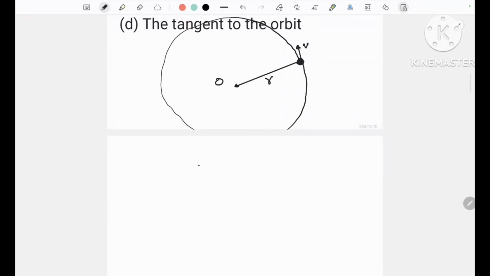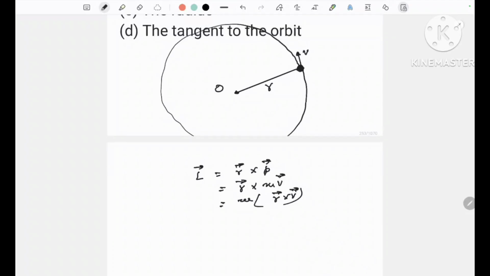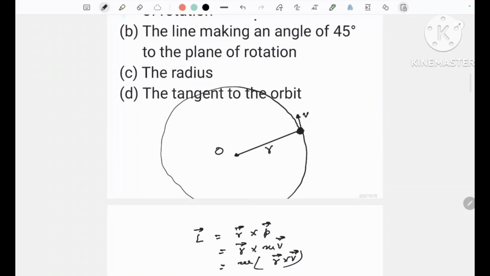Angular momentum will be r cross p, or r cross mv, or m r cross v. This is the r vector, the position vector, and this is the v vector.